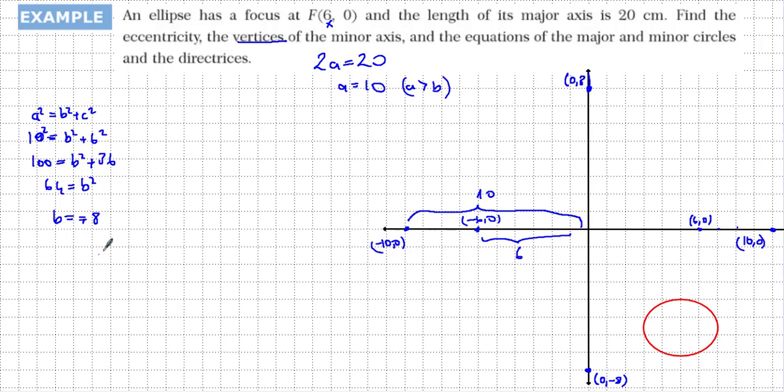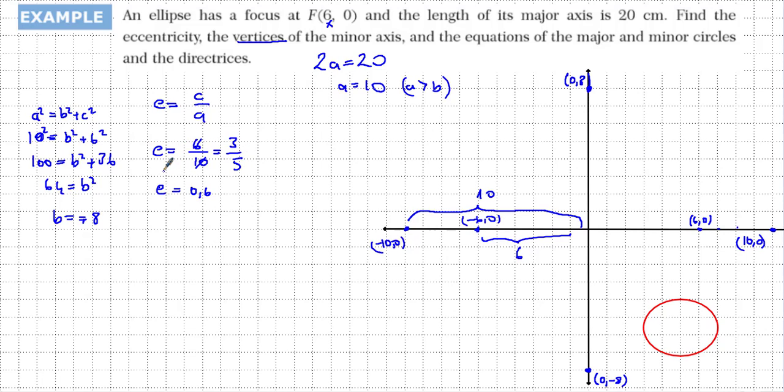What is the eccentricity? Eccentricity is equal to c over a. Here the eccentricity is 6 over the a value, which is 10, so the eccentricity is equal to 0.6, or 3 over 5 also.